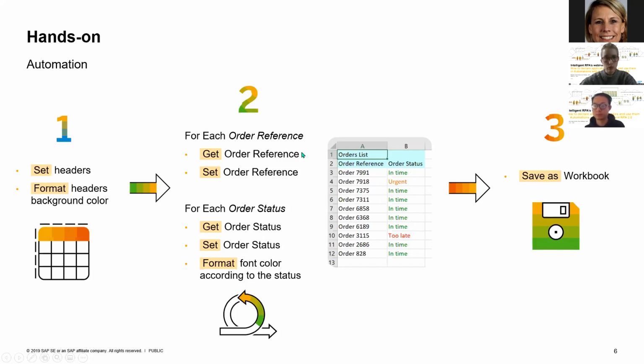So this is what I'm going to do. I'm going to get the order reference and the order status from the application that Baptiste captured, and set them in the table and format the status color, font color, and save as in the workbook.